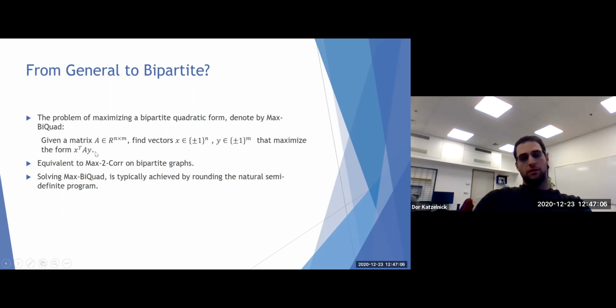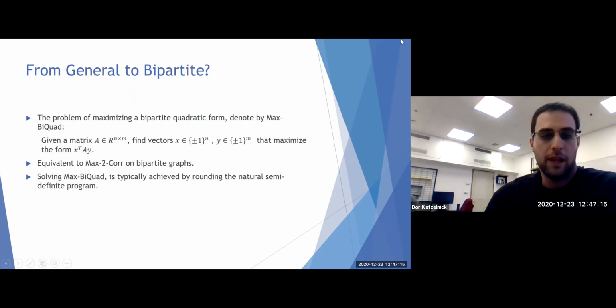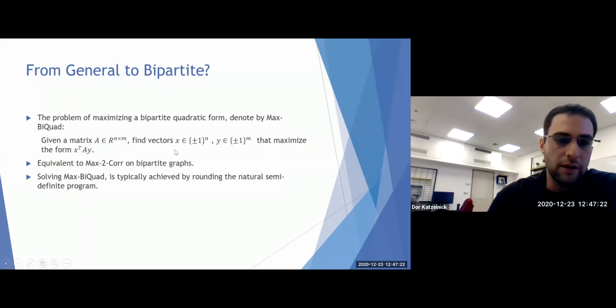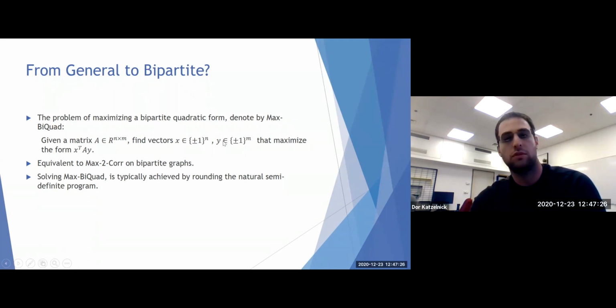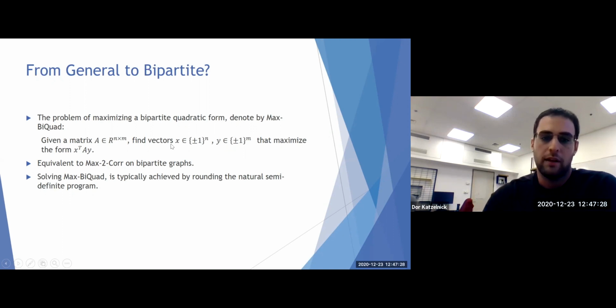You may think that this problem is somehow harder than max quad. For example, if you plug in m equals n, then it may look like you get max quad, but this is not true because here you want to find two vectors, x and y, and when you solve max quad, you want to find just one vector. In fact, you can show a reduction that tells you that if you have a solution for max quad, you can also use it to solve this problem.